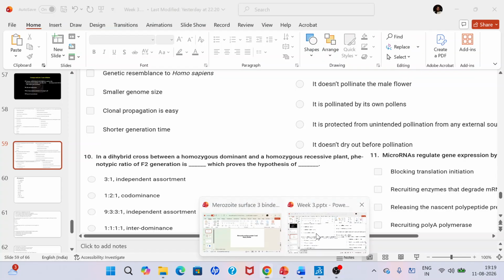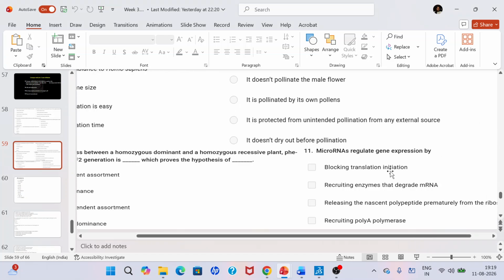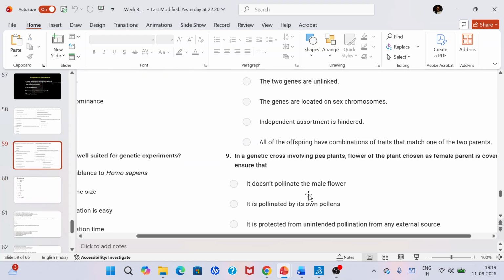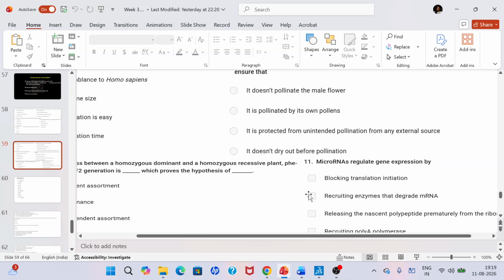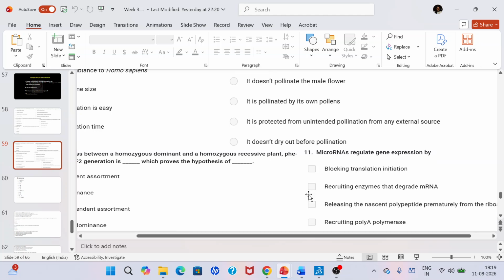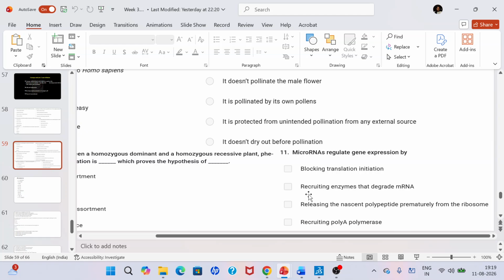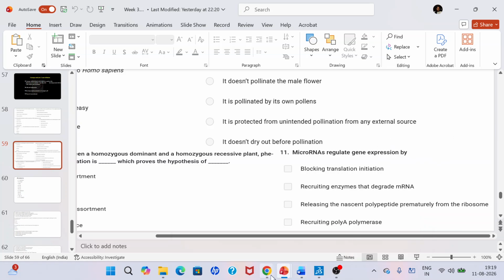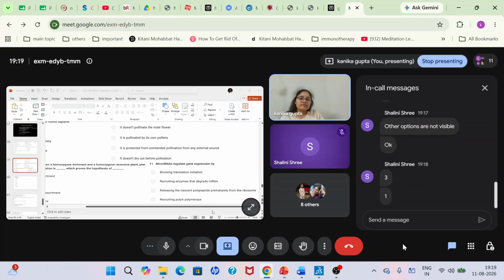Okay. Next question. MicroRNAs regulate gene expression by. Other options?